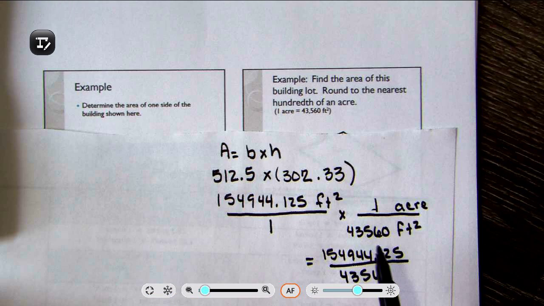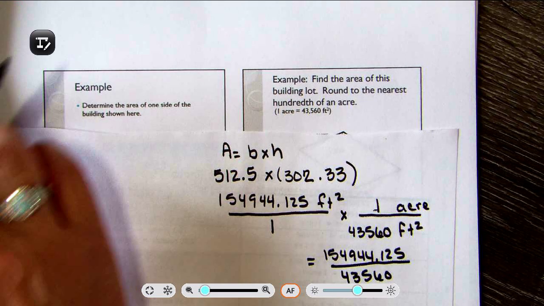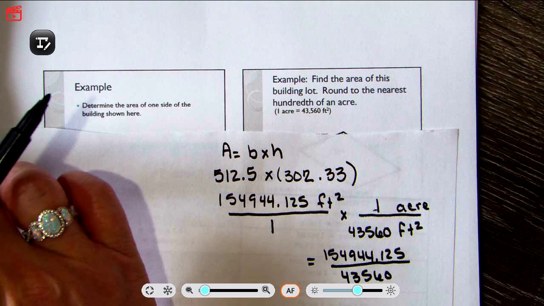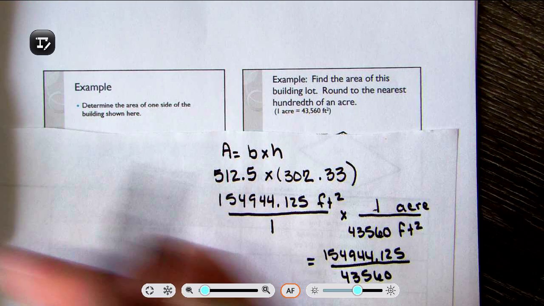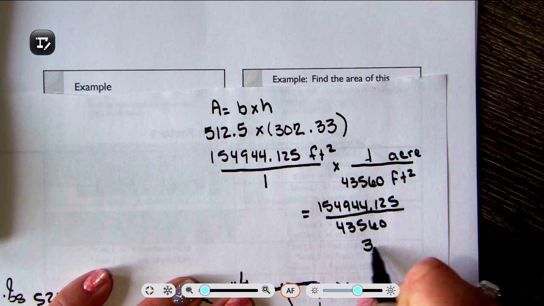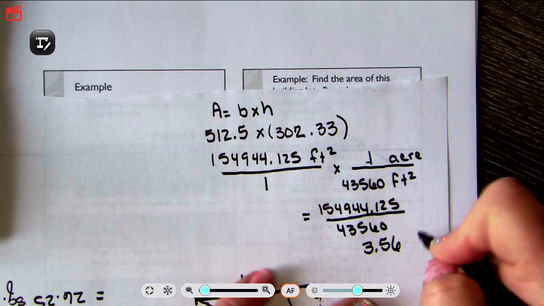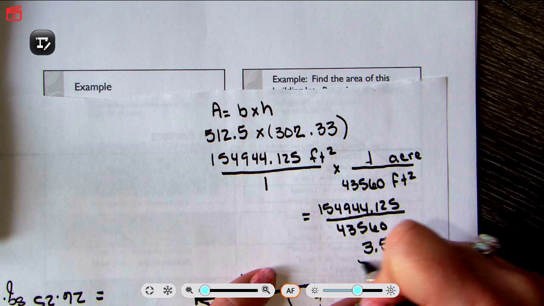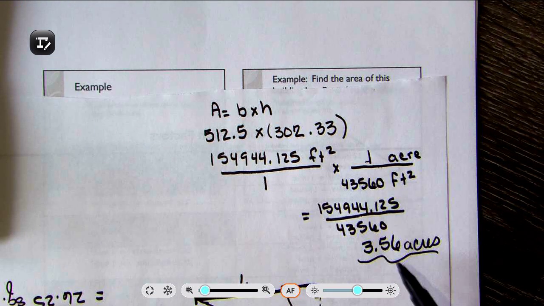So I have this number still in my calculator. 43,560, and I come up with 3.56 acres.